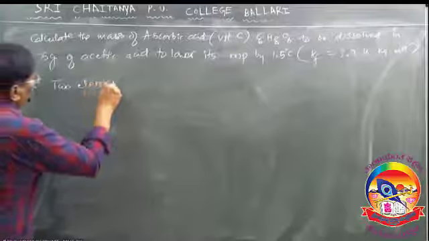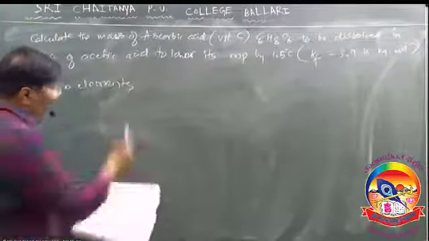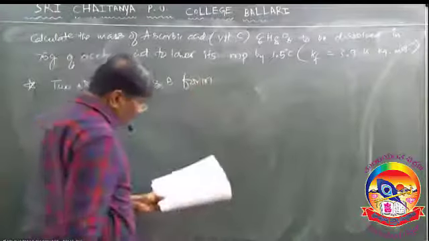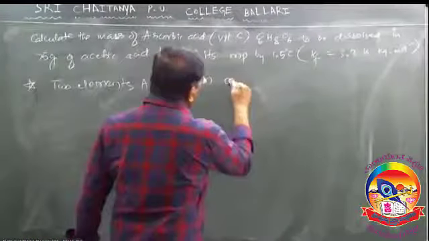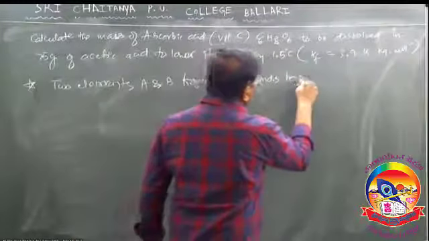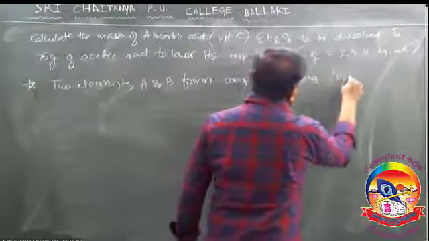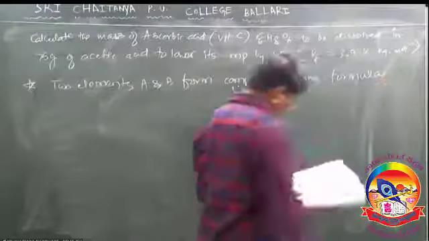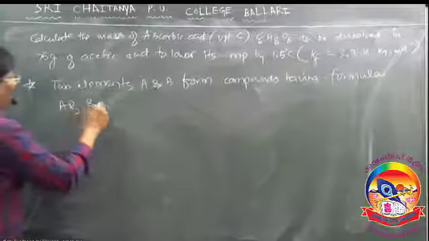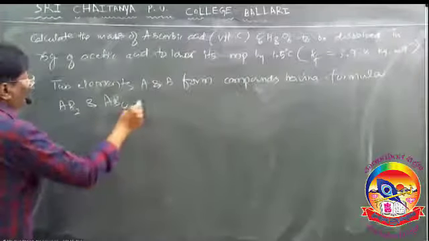Two elements, A and B, form compounds having formula AB2 and AB4.